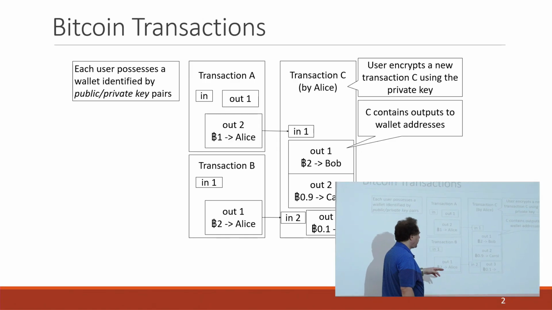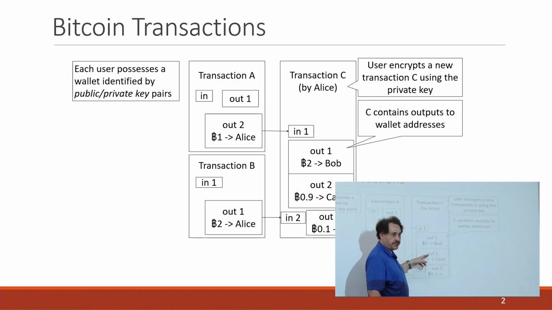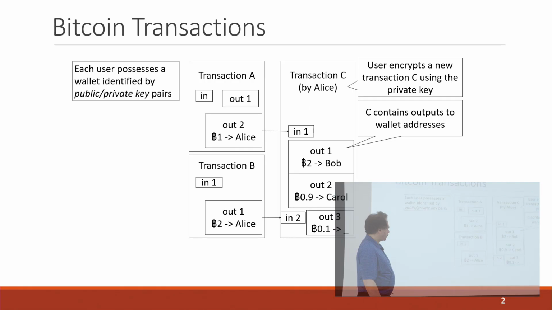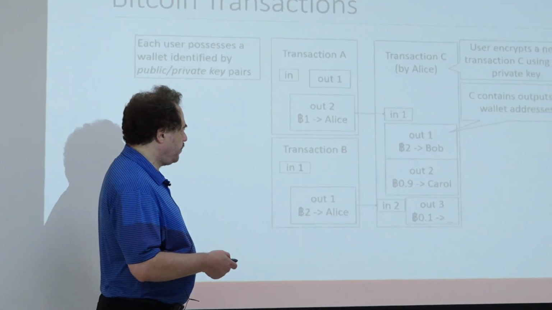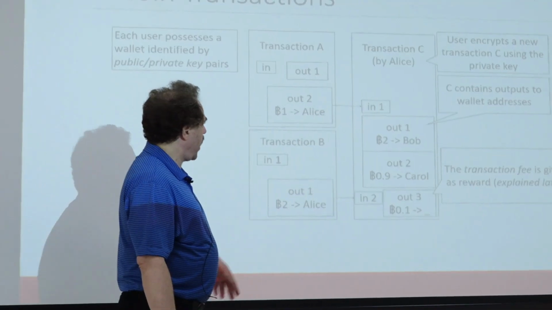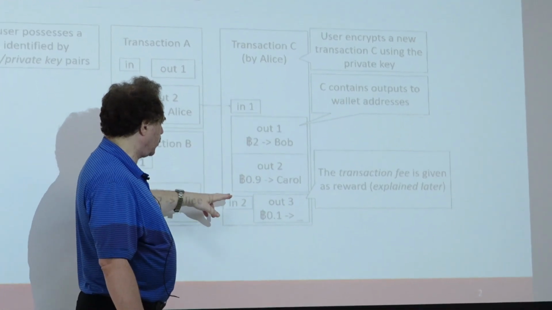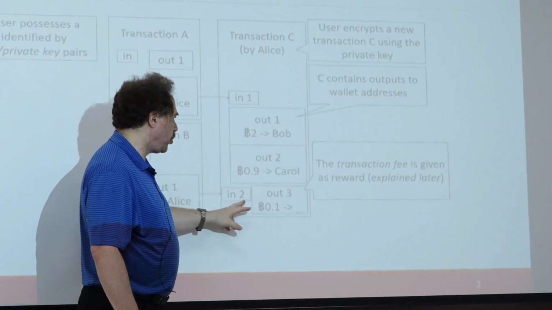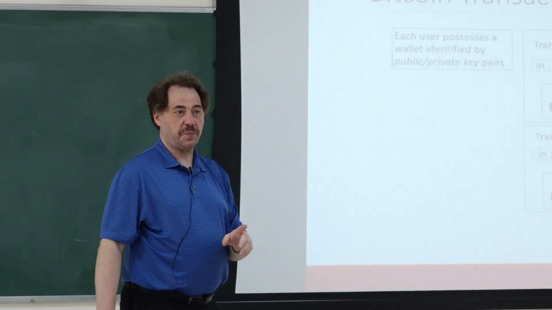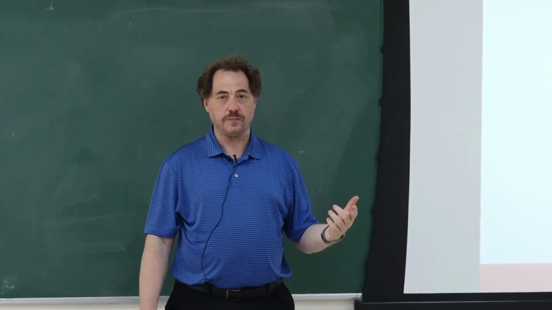Now, transaction C contains outputs to wallet addresses and in Bitcoin, every transaction must include one output, which is the transaction fee. Transaction fee is paid to the miner who includes the transaction in the block.